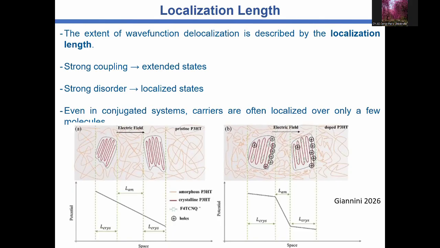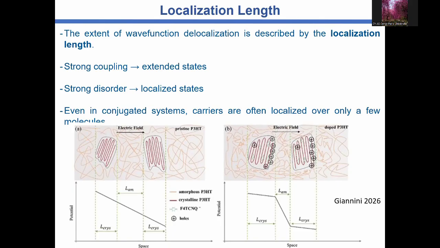So in terms of electronic properties, sometimes you want this morphology, but sometimes you don't, because it will match with the disorder inside of the amorphous structure.